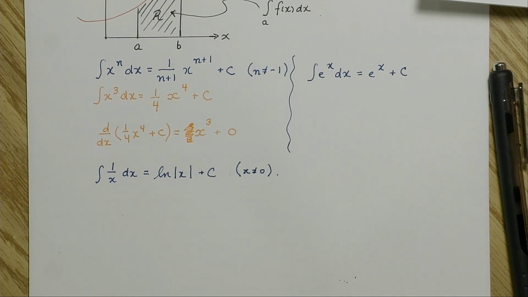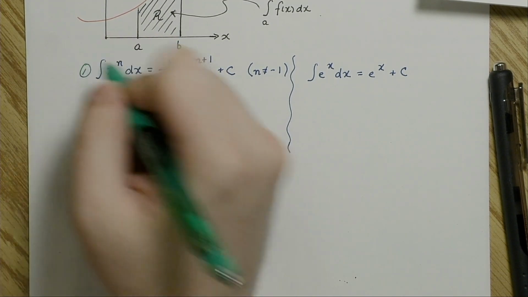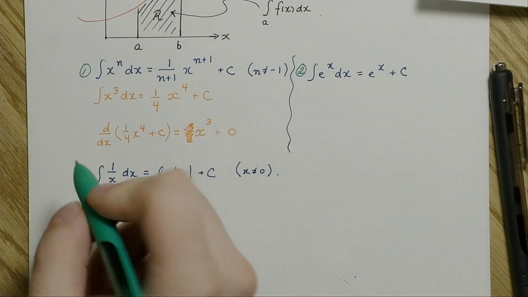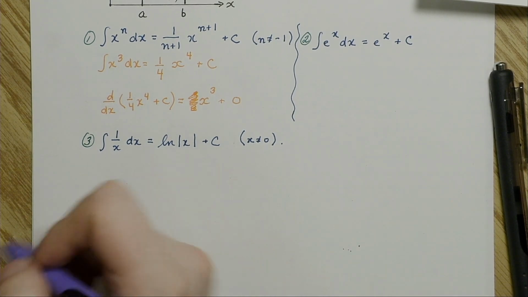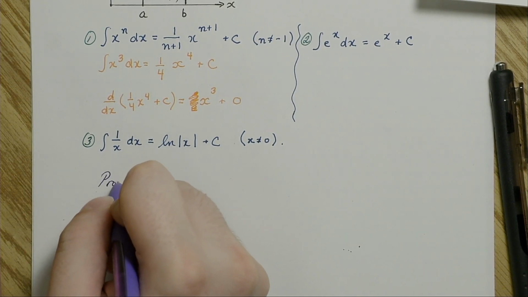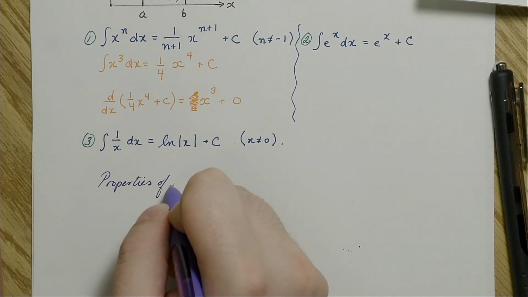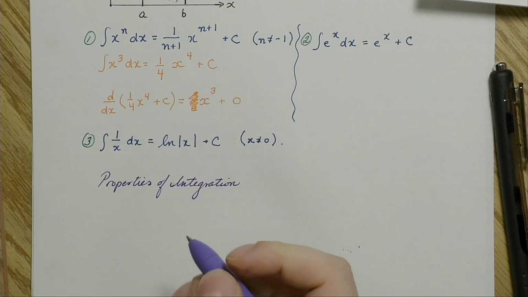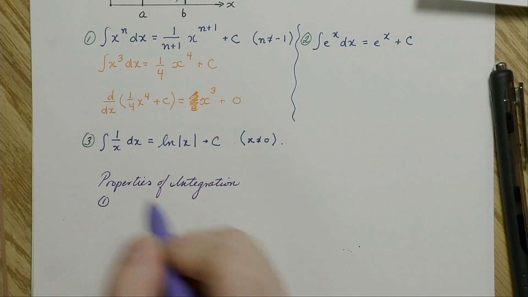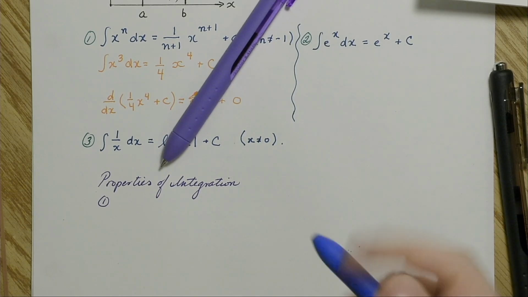And we also had two properties. Here's a rule of integration, here's a rule of integration, and I'm running out of color, so we're going to go purple now. Then there are the properties of integration, very similar to what we did with the derivative.